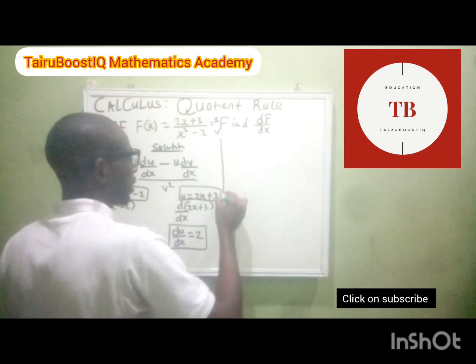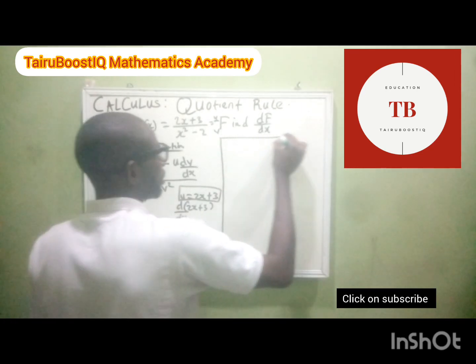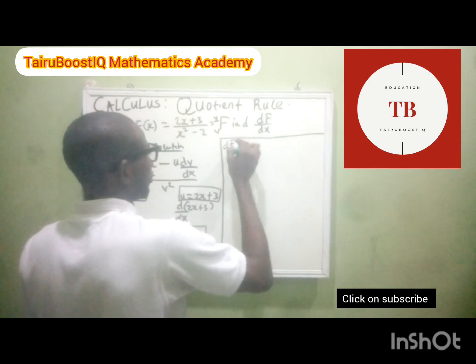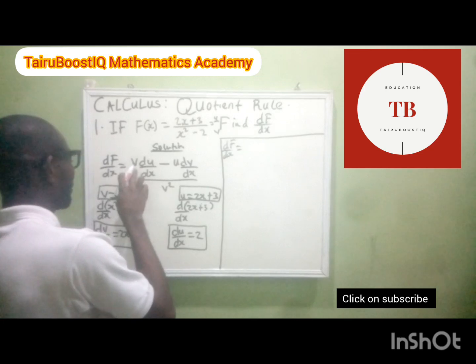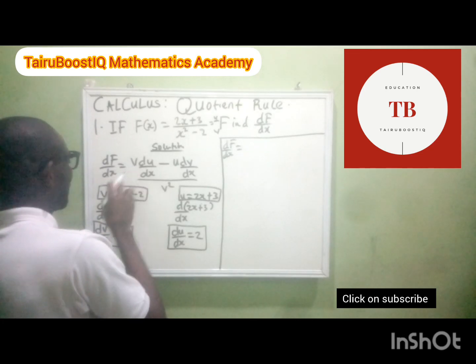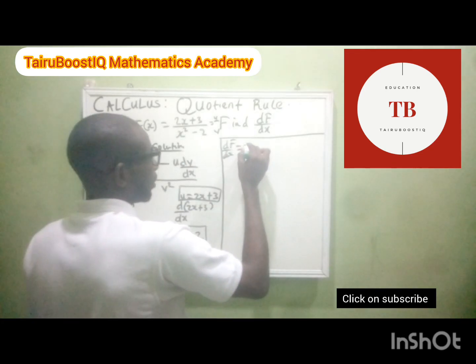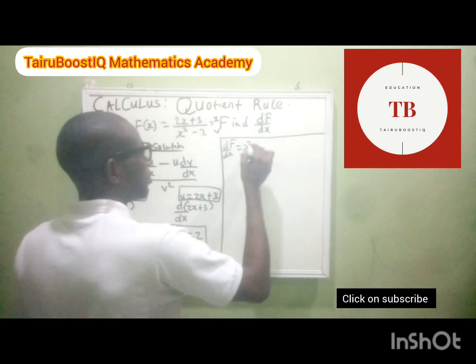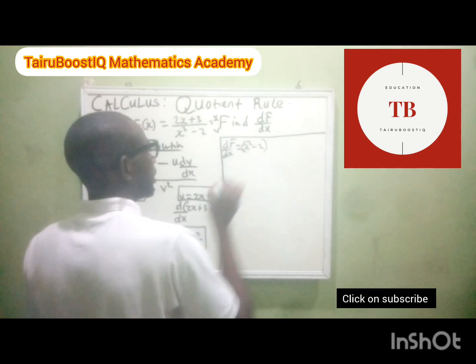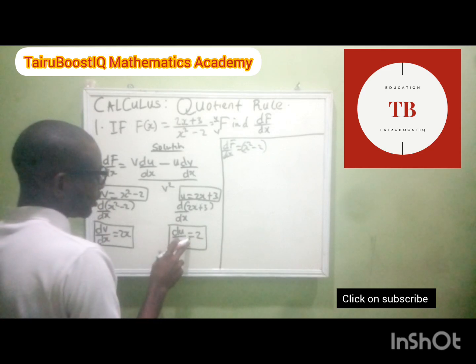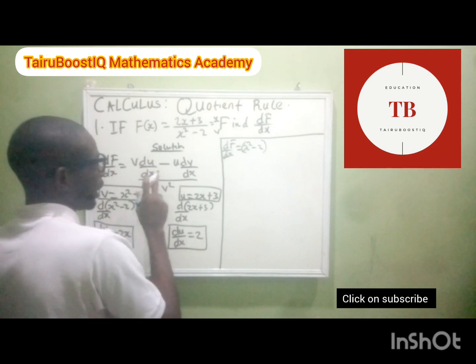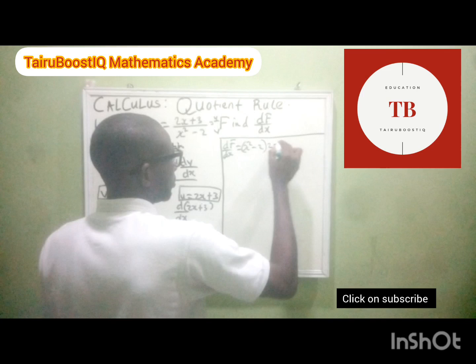Now the next thing we are going to do is put all these functions together to get df over dx. What is our v from the formula? v is x squared minus 2. Now, what is du over dx? It is 2. You put your 2 here, you put your minus.